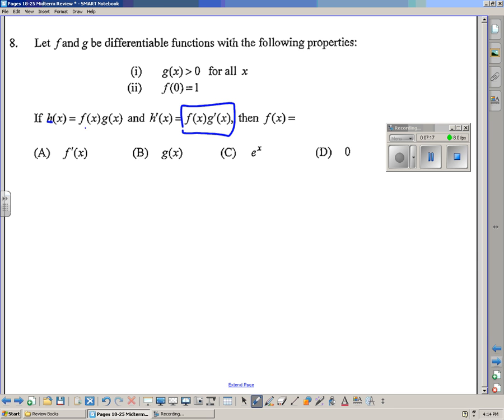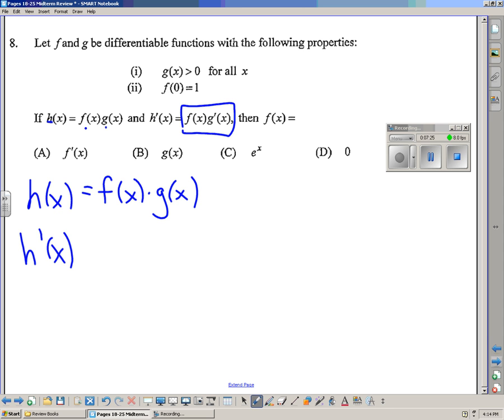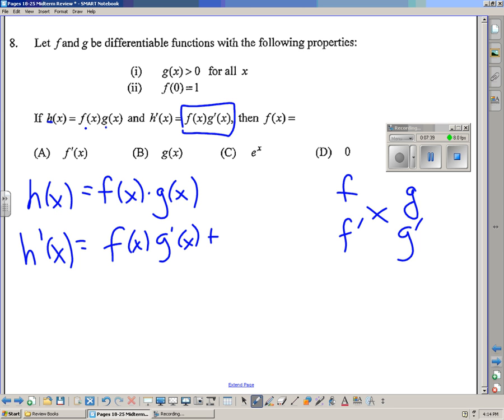If h is a product, we know how to take the derivative of a product symbolically according to the product rule. So if I had my f and g, my derivatives would be called f prime and g prime. We would just simply cross these and do f of x, g prime of x, plus f prime of x, g of x.